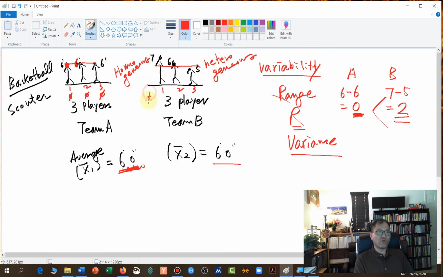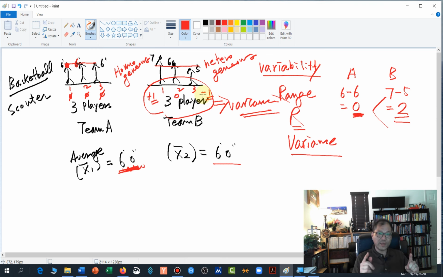This one, 0 change. This one, -1. These numbers are the basic concept of variance. So you add all of those differences from the mean. That will be the variance.